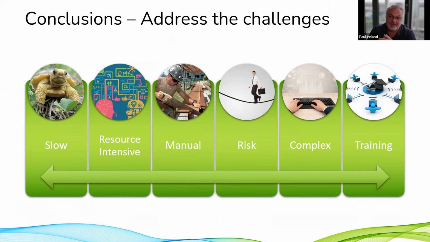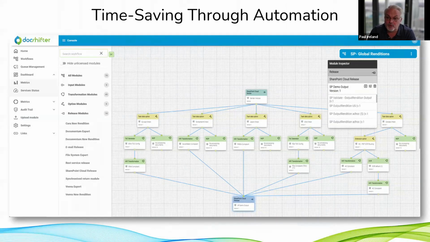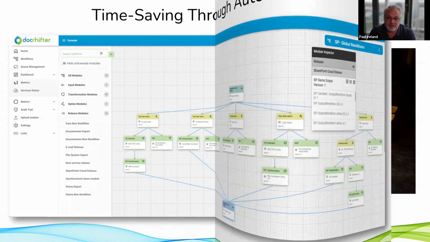As long as you're confident in that automated process, the risk from human error is reduced. And you're reducing the complexity of the entire process as well, which reduces your training burden. So ultimately, that's what we're looking to target. The whole idea is time saving through automation, with multiple workflows to handle different use cases that you may have.